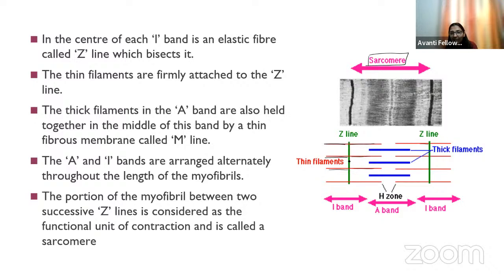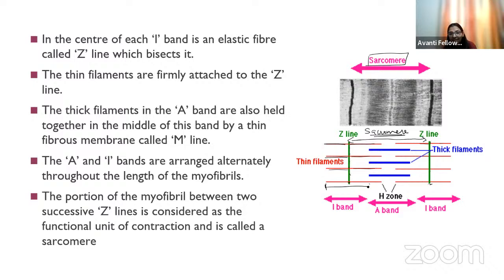And there's a line which is known as a Z line. This is a Z line, the green line. These Z lines are bisecting or dividing the actin filament. You can see that these Z lines, the green lines, are bisecting the actin filament. And the portion which is present between the two successive Z lines is known as the sarcomere. This is the sarcomere.